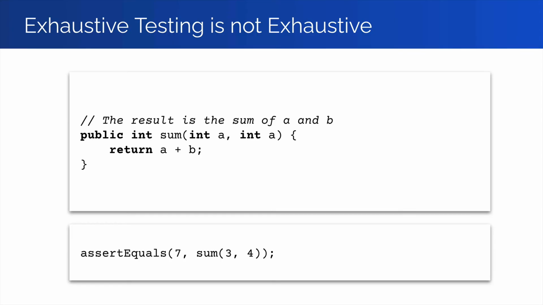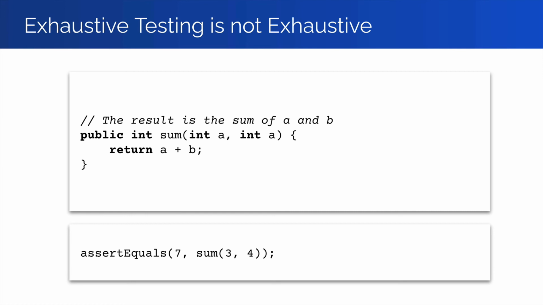Ready? Well, you certainly can write tests that cover every path and still have incorrect code. And the next slide gives you an example of this. Here's a method with a single statement. Its specification says that the result returned from this method is equal to the sum of the 2 arguments.